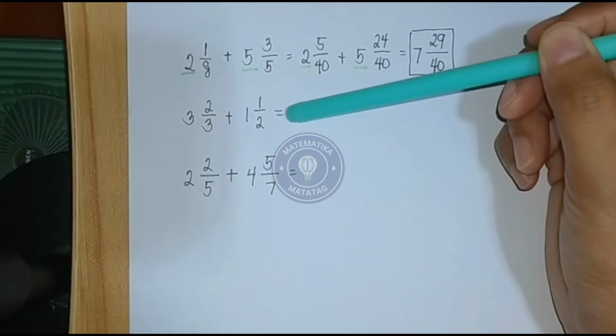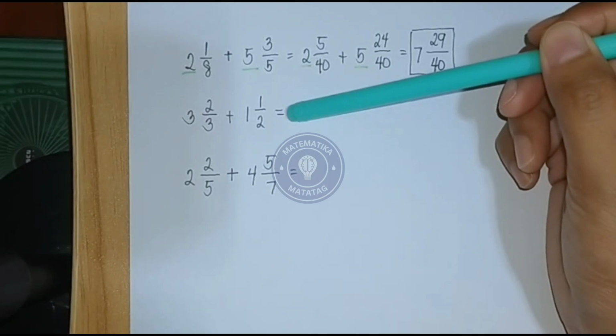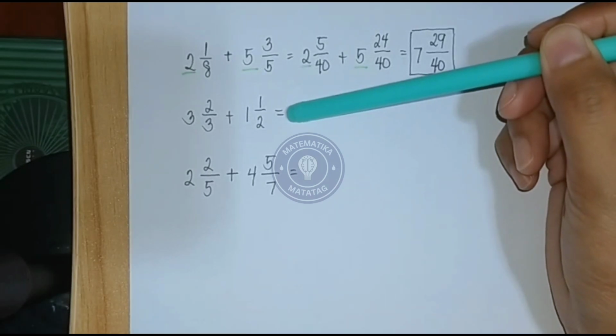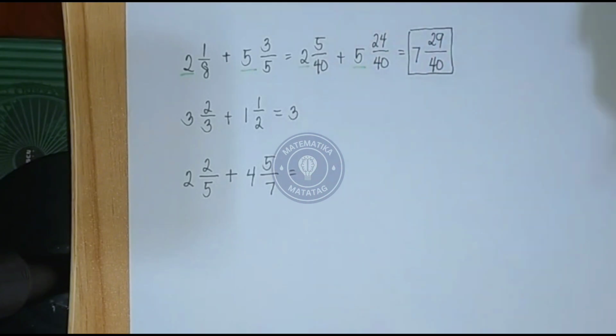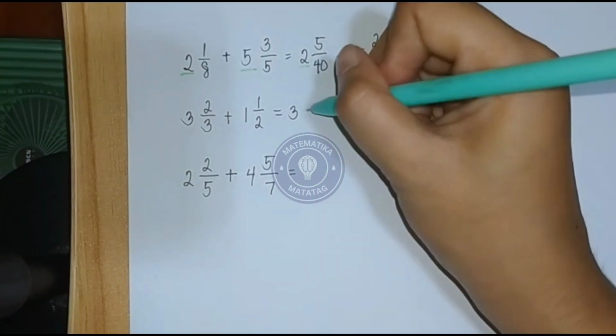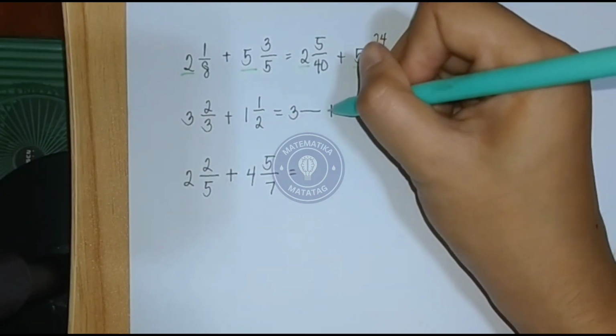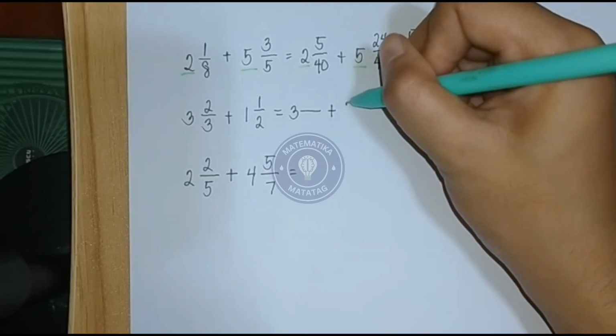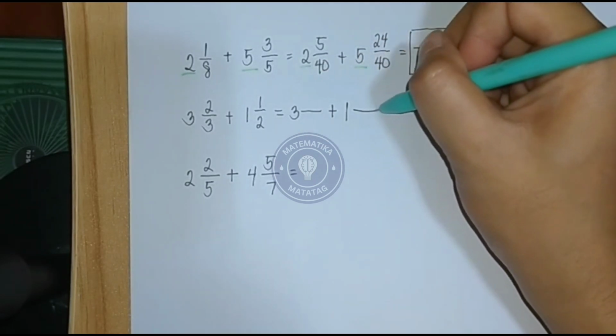Okay, let's try example number 2. We have 3 and 2/3 plus 1 and 1/2. Just like example number 1, just copy your whole numbers and rewrite. So we have here 3, then a fraction bar, plus 1, then a fraction bar.